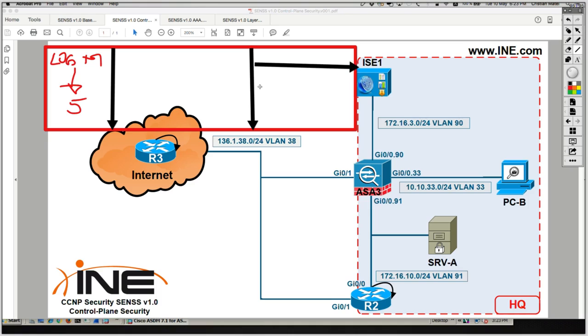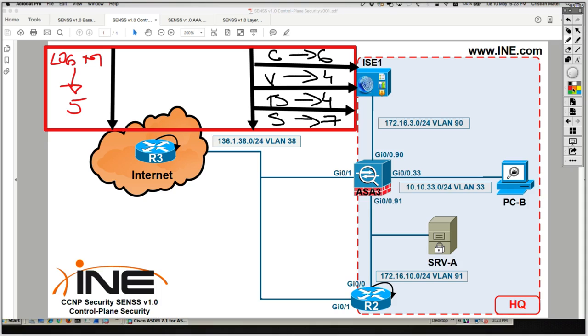And let's say in my case, I have logging enabled in the following places: at the console with a level of 6, at the VTI lines with a level of 4, in the buffer with a level of 4, and at a syslog server with a level of 7.